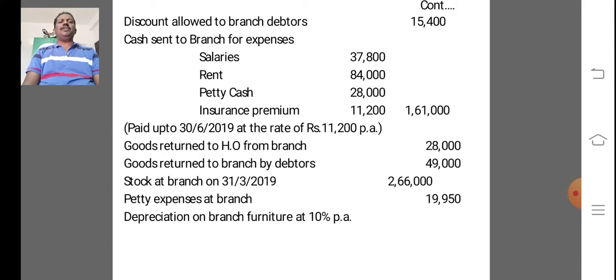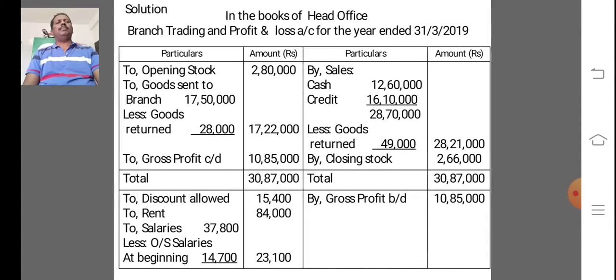Goods returned to head office from branch 28,000. Goods returned to branch by debtors 49,000. Stock at branch on 31/3/2019 2,66,000. Petty expenses at branch 19,950. Depreciation on branch furniture at 10% per annum.